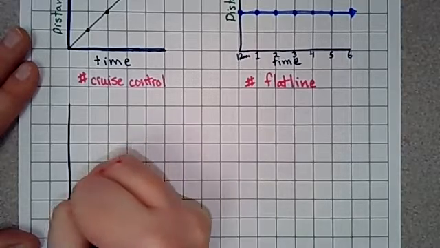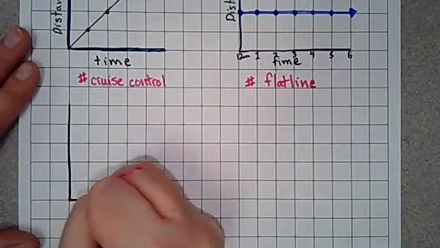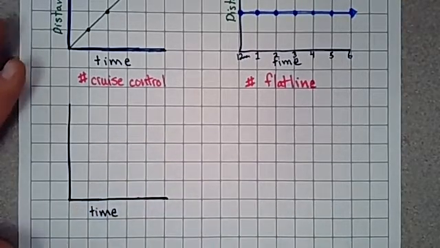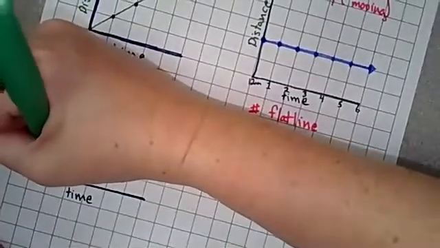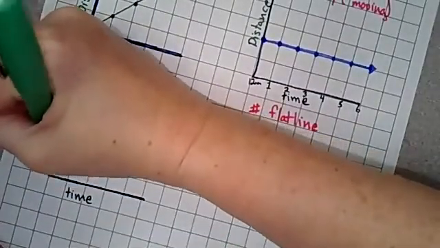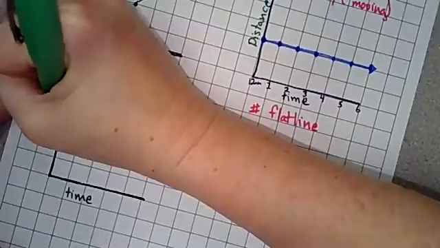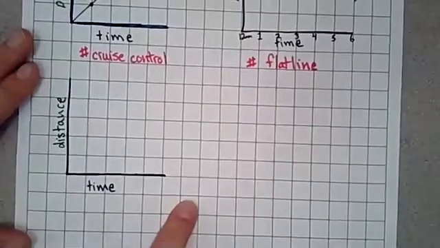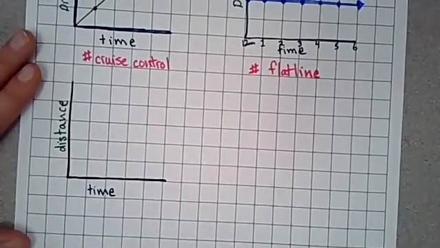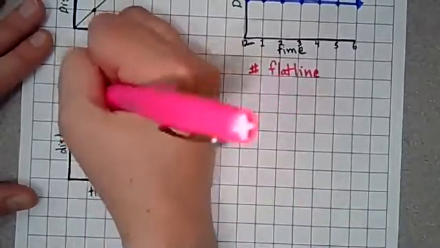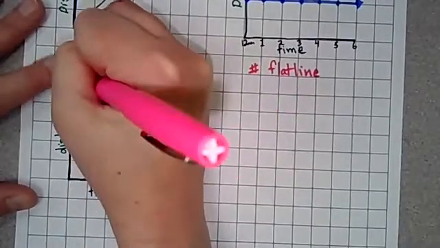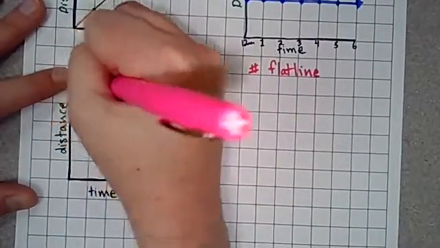Always at the bottom is time, because time marches on, baby. Up the side is the distance traveled, D-I-S-T-A-N-C-E, okay? Time is always listed at the bottom, distance is up the side.